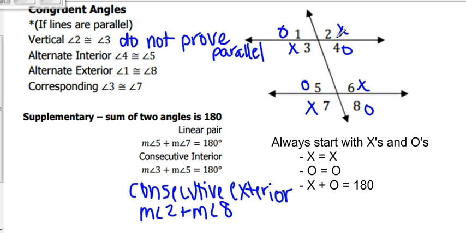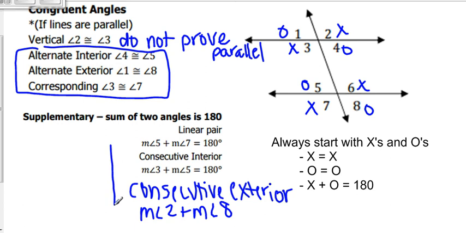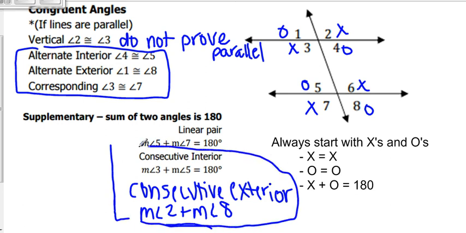All of our O's equal our O's, and all of our X plus our O's will always be supplementary. Now remember, you need one of the 5 boxed items to prove something to be parallel. If you have information that is not on 2 different lines, it will never prove something to be parallel.